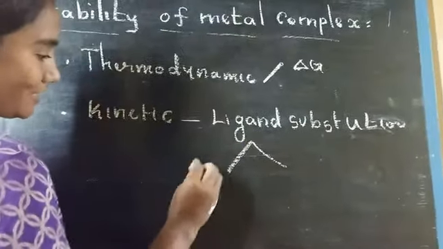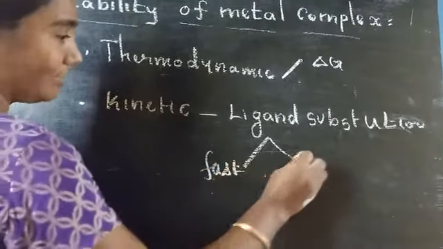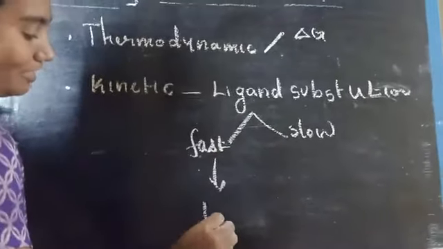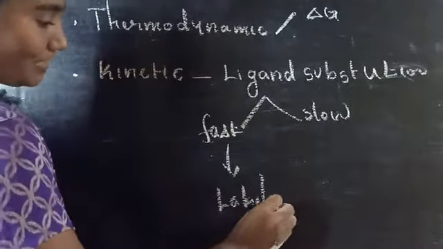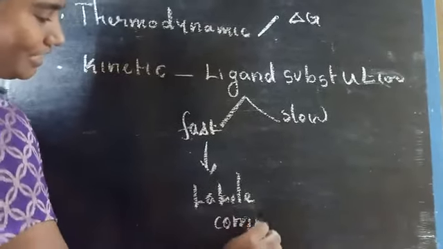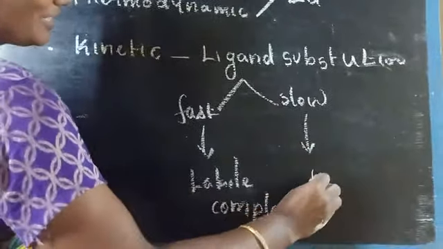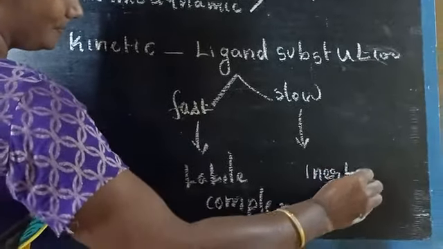If it is very slow, the complex is an inert complex.